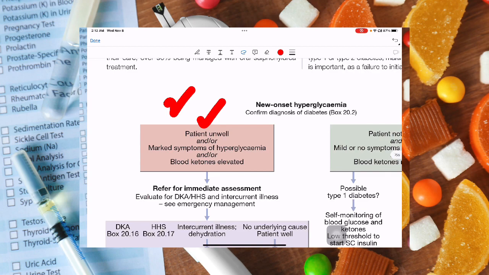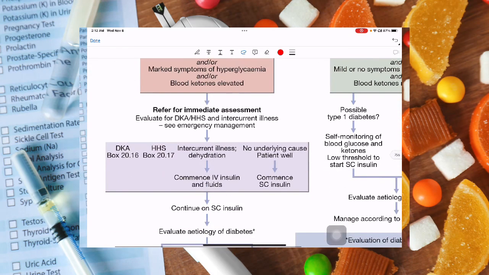We have to label the patient as either a case of diabetic ketoacidosis or hyperosmolar hyperglycemic state. So we have to label the condition the patient is in.